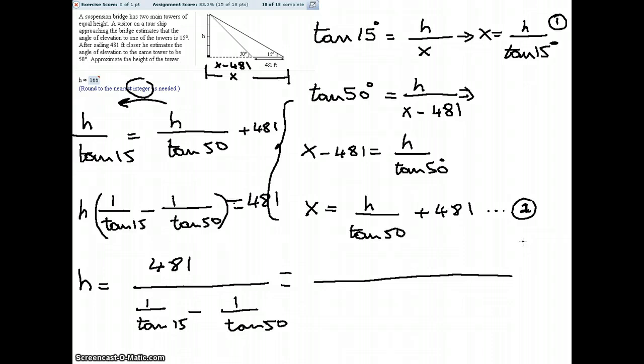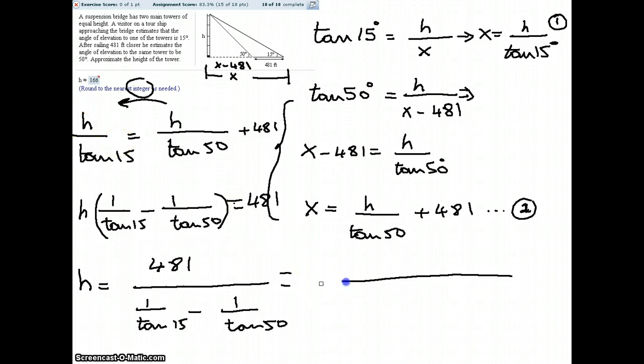So 481 divided by 2.89295117, enter, 166.266. So the whole fraction here simplified to 166.266.